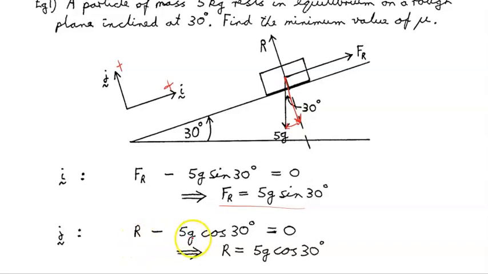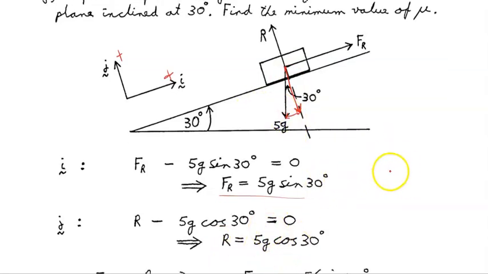So R minus 5g cos 30 degrees must also sum to zero because this is an equilibrium. In an equilibrium situation, the net force in each of the orthogonal directions that make up the two directions of this two-dimensional problem must sum to zero. So we've got R is 5g cos 30 degrees.